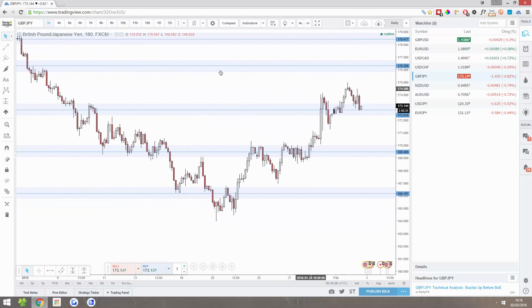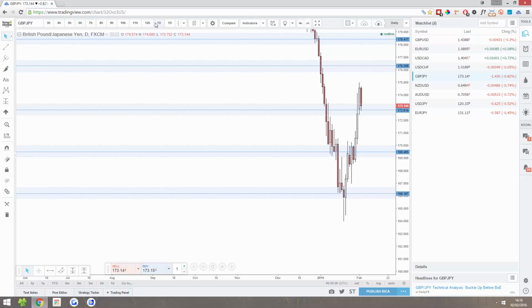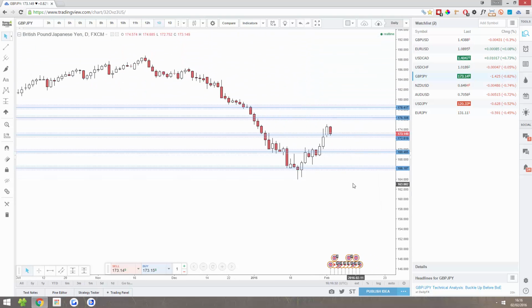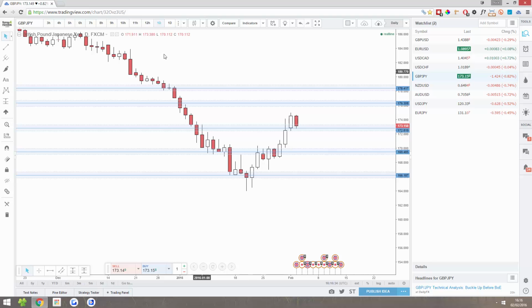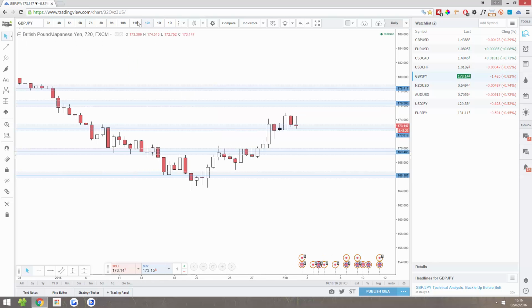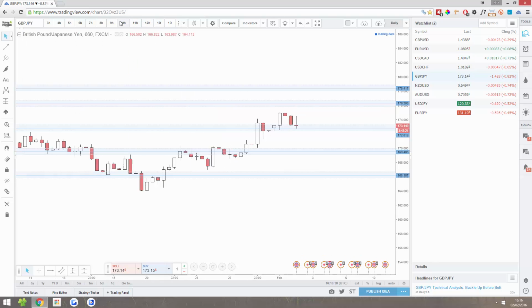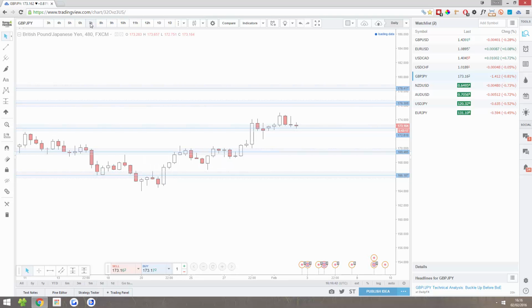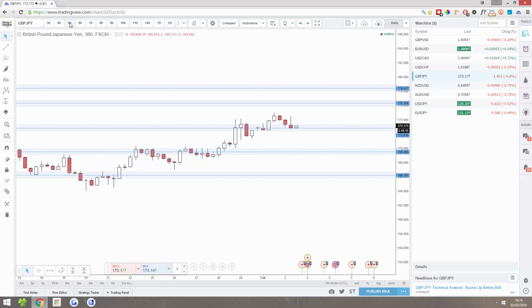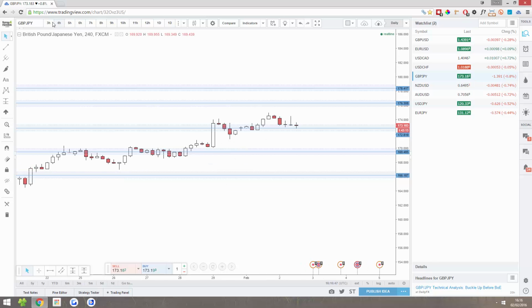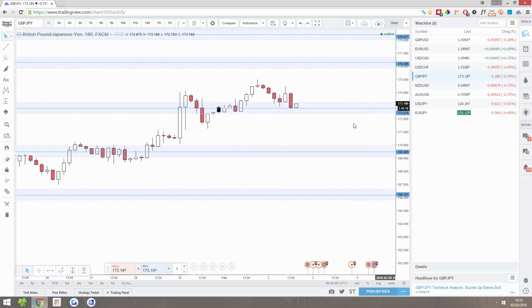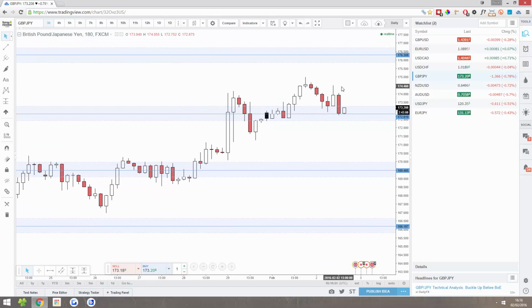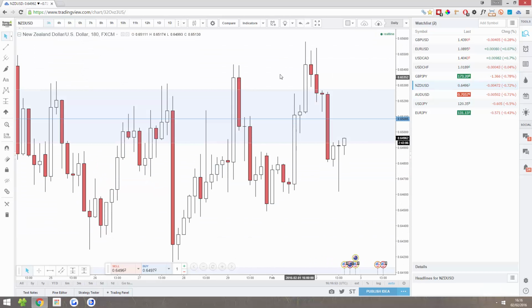What's GBPJPY up to? Much like GBPUSD, it looks like it's testing a support area, which might be where it decides to continue its uptrend. Nothing really tradable here for me, but do keep an eye on that. It could be a continuation happening.